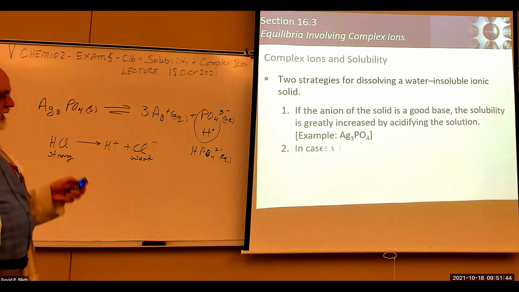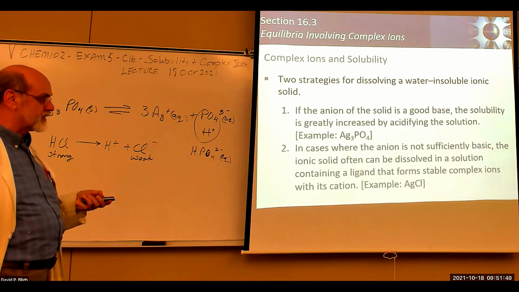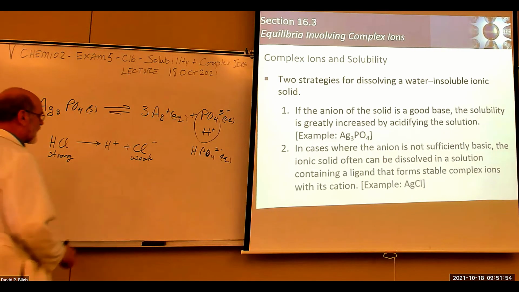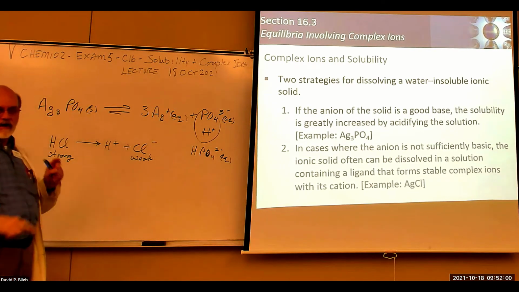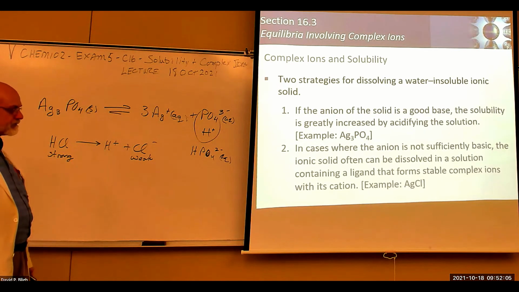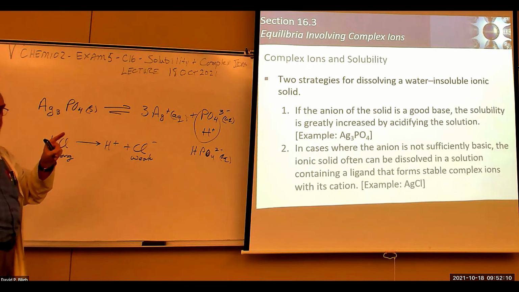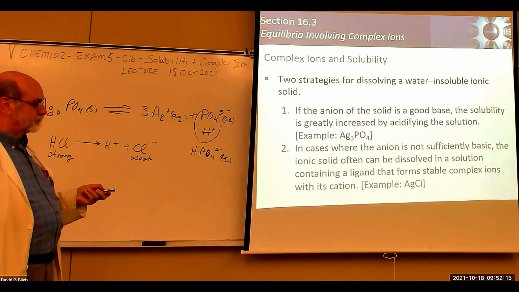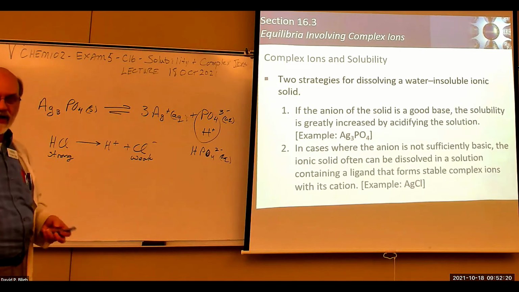Okay, so if the anion is not sufficiently basic, then you need another scenario. Instead of attacking the anion, we attack the cation with complex ion. Okay? So those are your two possibilities for making an ionic solid more soluble. Depends on the anion. The strong base, acidify. The weak base, complex ion.